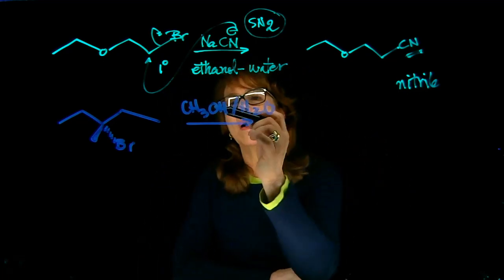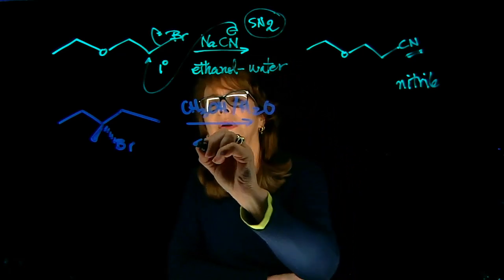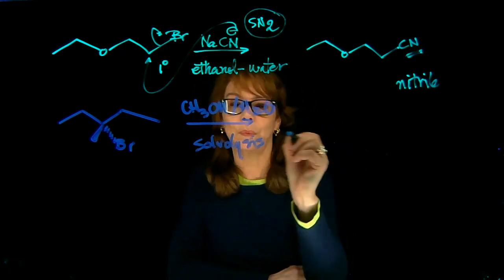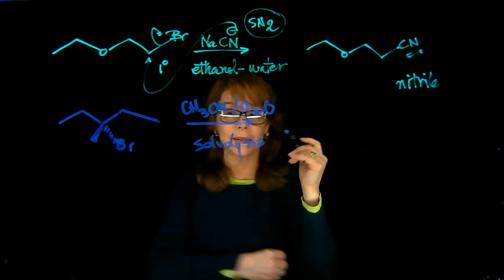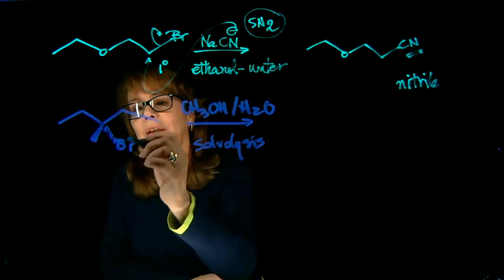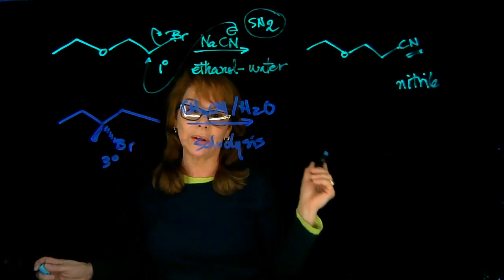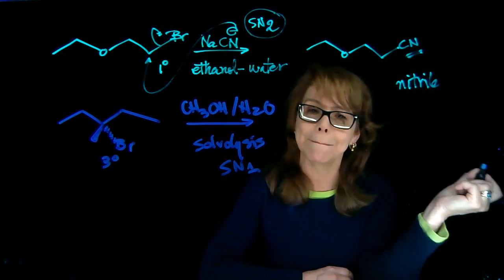So this is pointing to a solvolysis reaction. But both water and methanol can act as nucleophile. The other thing that is good to see here is that this is a tertiary alkyl halide. And we know that solvolysis reactions go through an SN1 mechanism.